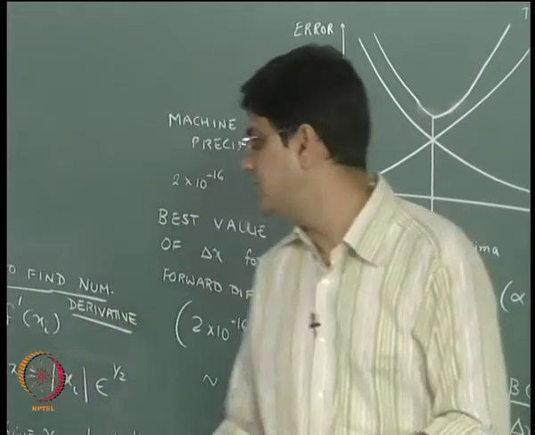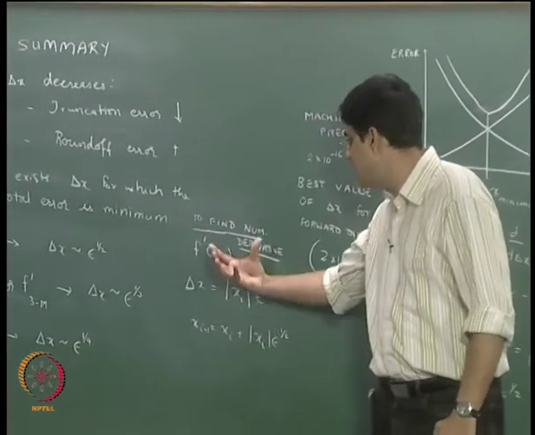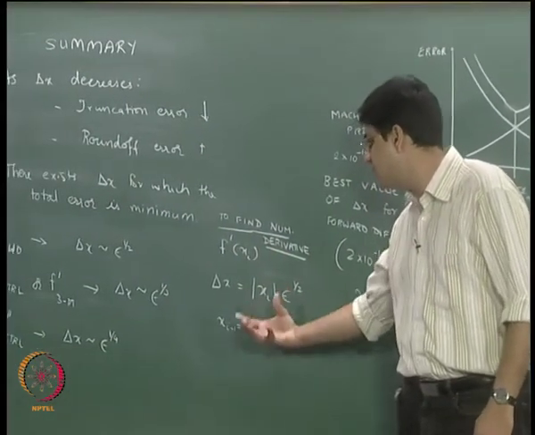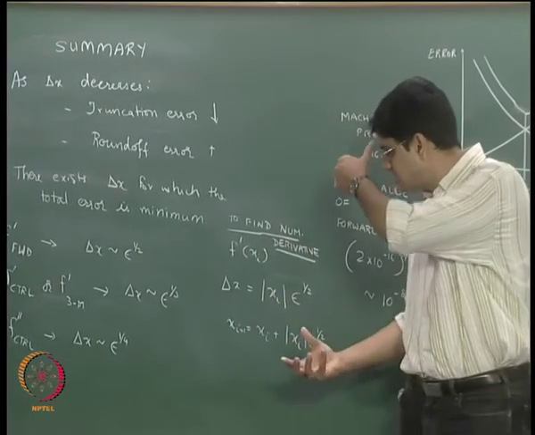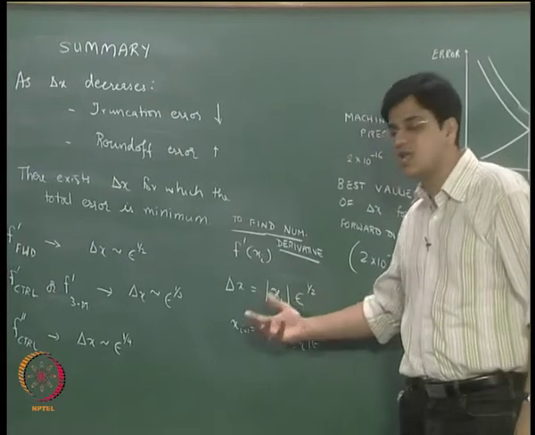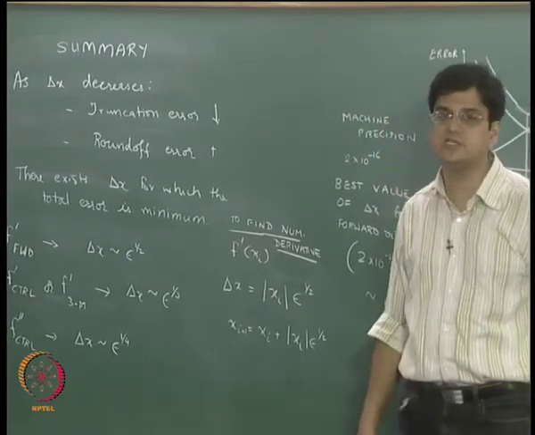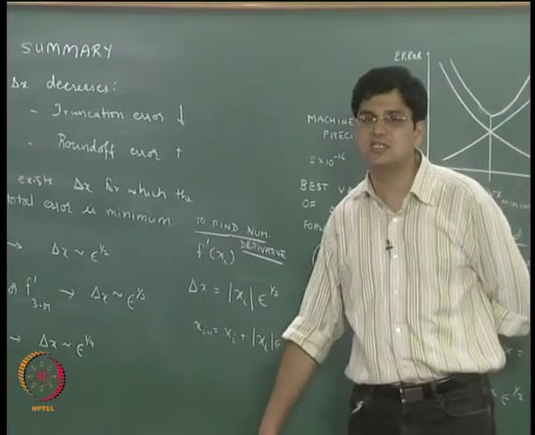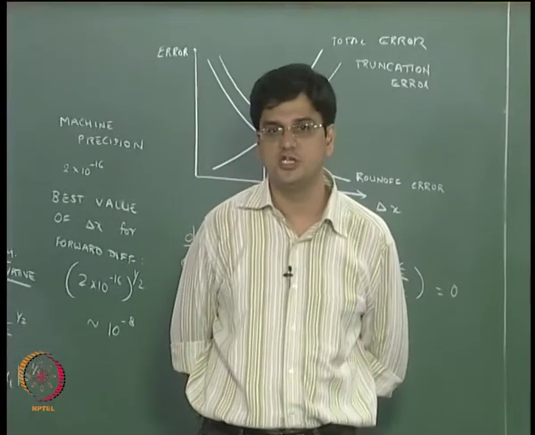And then we finally derived the condition for which delta x is minimum, and we finished off by giving practical hints as to what delta x we need to choose such that the error in finding the numerical derivative is minimized. Okay. So that is essentially what I intended to cover in numerical differentiation.